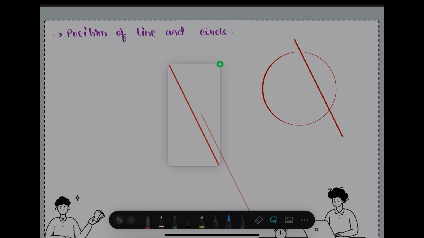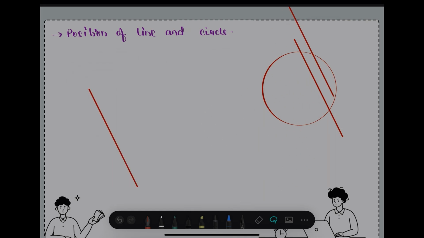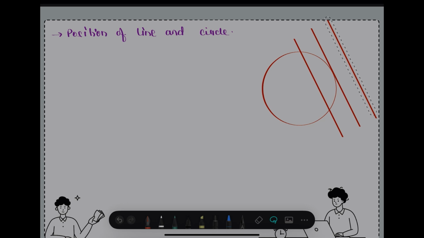The second case is where the straight line will behave as a tangent, and there will be a third case where your straight line will behave as a no cut no touch situation.